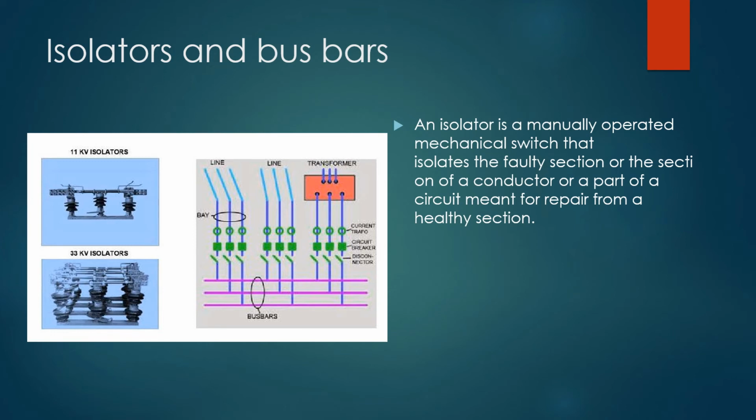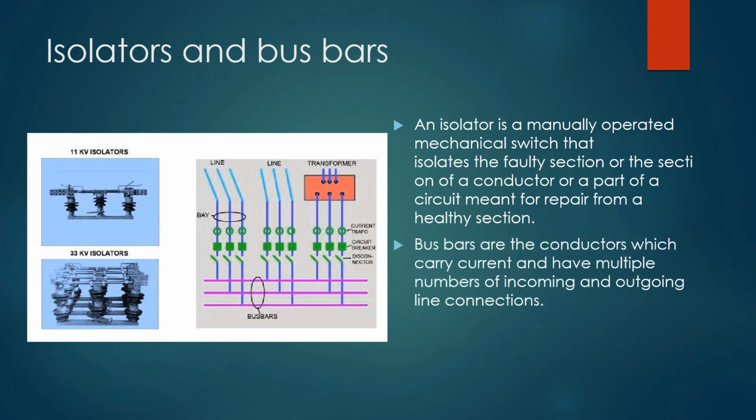In other words, an isolator will remove the part that needs to be repaired and then leave the other healthy section continuing to provide power to the consumers. And then once the faulty area has been repaired, the isolator will be reconnected, or the power will be restored in the area that was faulty.